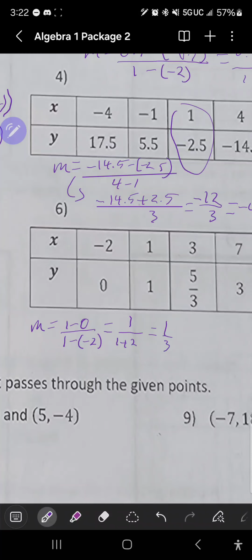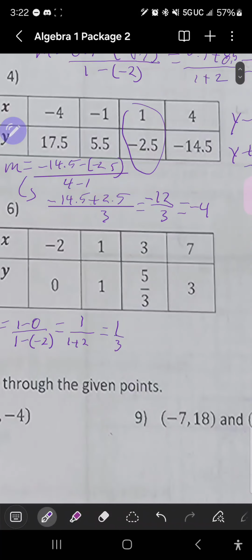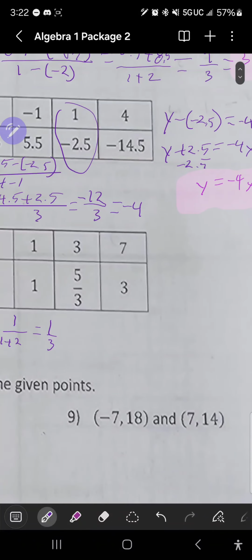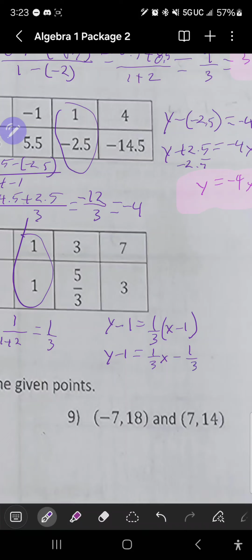So we have 1 over 3 and this is our slope. And we use the other formula, y minus 1, I'm going to use this point, equals 1 over 3 times x minus 1. So this is going to be y minus 1 equals 1 over 3x minus 1 over 3 multiplied by negative 1 is just negative 1 over 3.